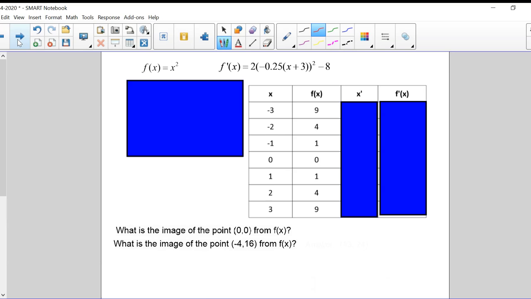So what is a horizontal stretch, horizontal compression, horizontal translation, vertical translation? Think of all of those things, and you can use the abbreviations, the HT and the VT. Give me any of the transformations that you think are going on with this equation on the smart board. Over to you, Kristen.